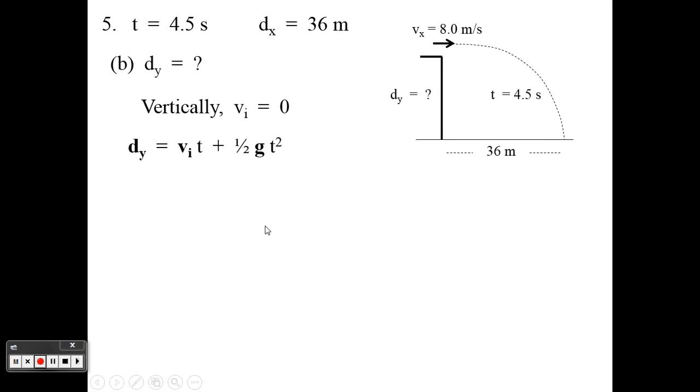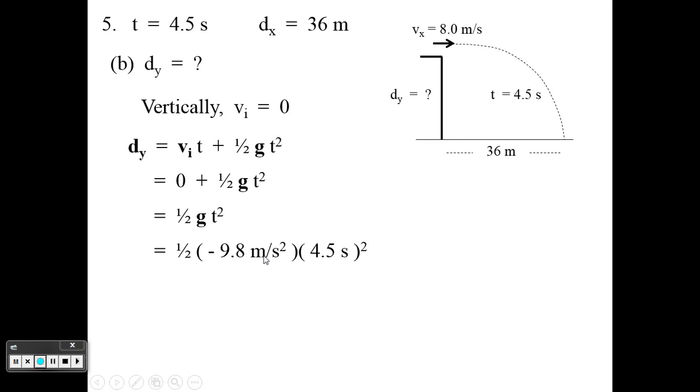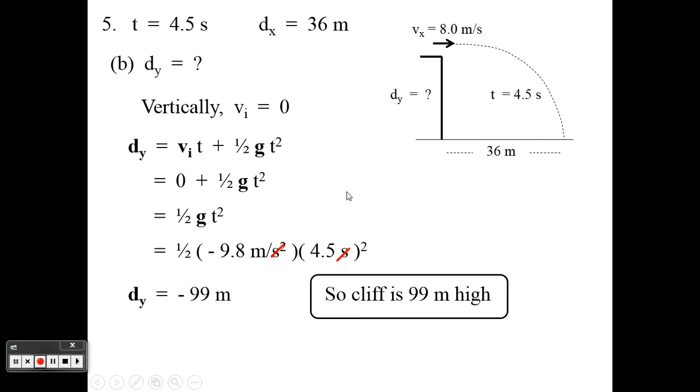Vertically, the initial velocity is 0. Now we can simply plug in our data: 1/2 times negative 9.8 times 4.5 seconds. Don't forget to square it. If you operate your calculator, you will get an answer of negative 99 meters, which leads us to the conclusion that the cliff is 99 meters high.